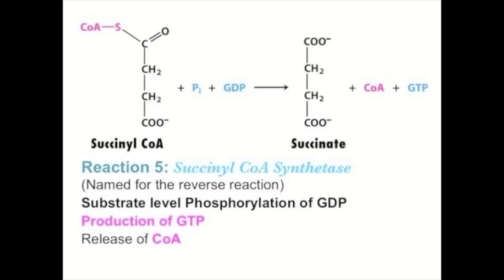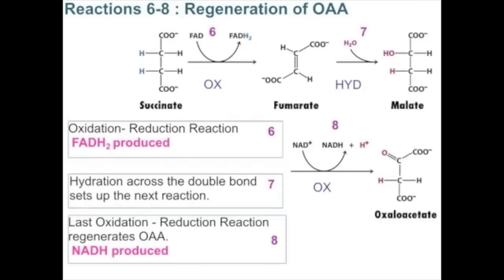Succinyl-CoA synthetase is actually named for the reverse reaction, in which succinate and GTP and coenzyme A yield GDP, inorganic phosphate, and succinyl-CoA.